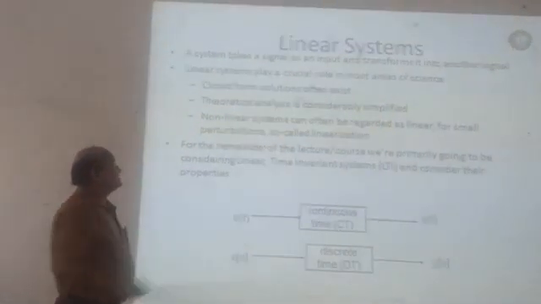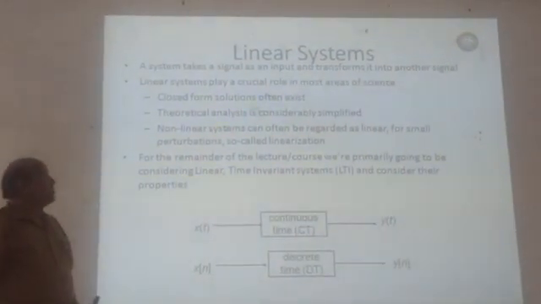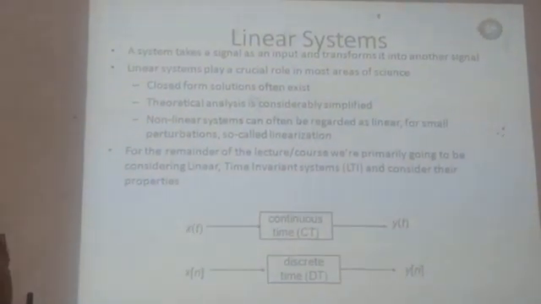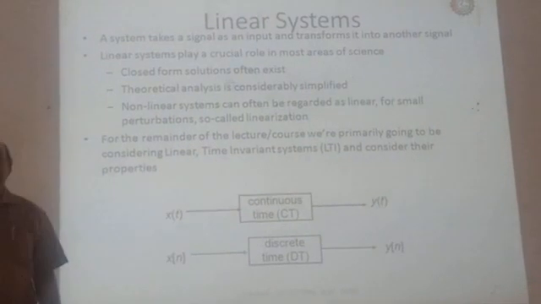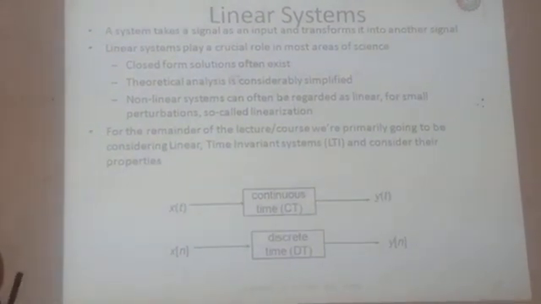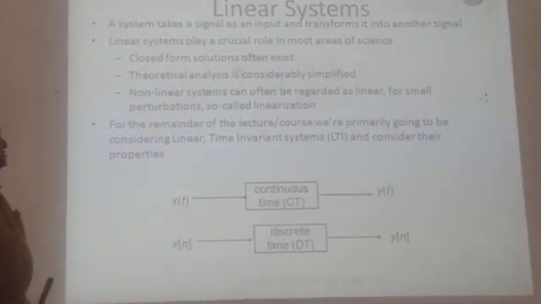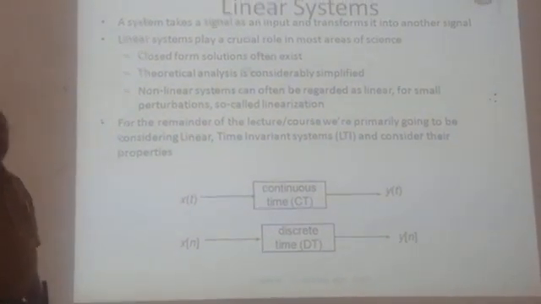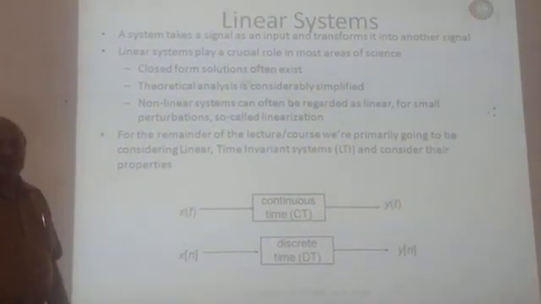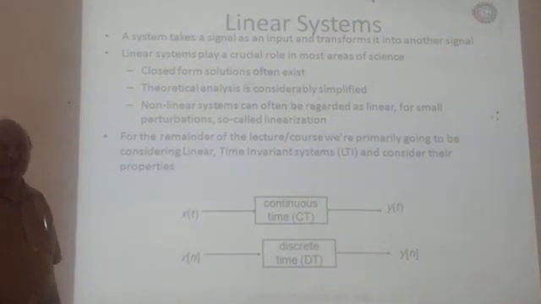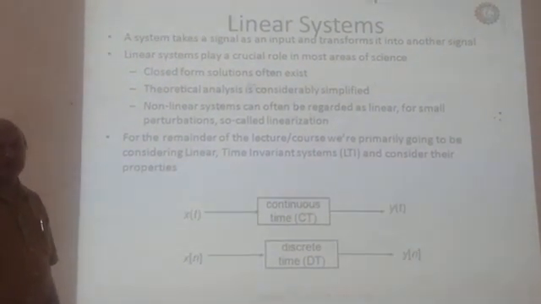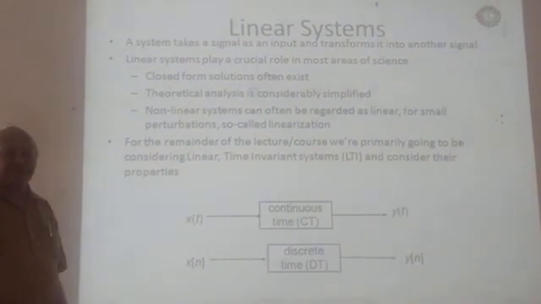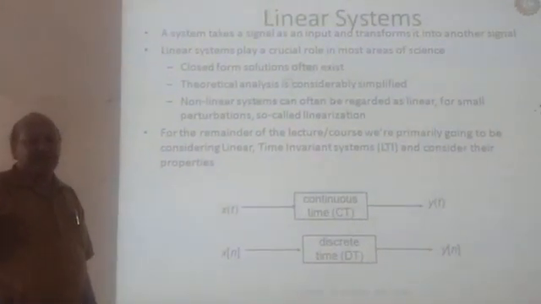A system takes a signal as an input and transforms it into another signal. Linear systems play a crucial role in most areas of science. You already know what the linear time invariant system is, which utilizes two properties, the property of linearity and the property of time invariance.